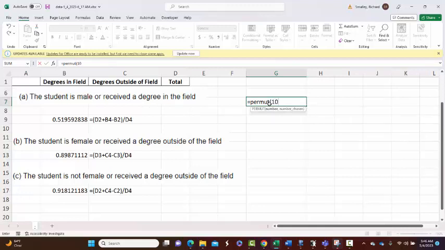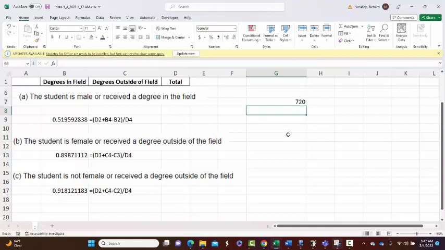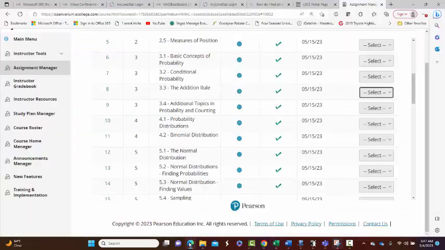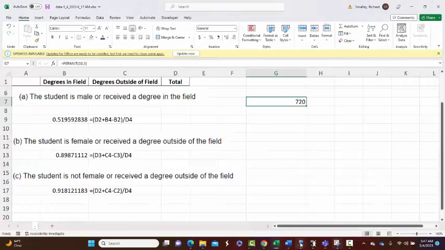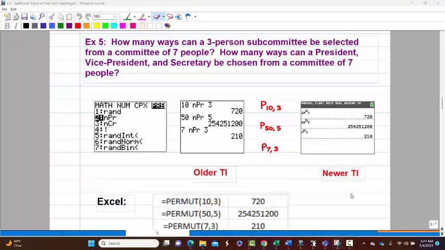You put the larger number first. Of course, they could both be the same number, but it's never a smaller number than a larger number. PERMUT 10, 3, there it is, 720. I think either of those are fine, and either works well without too much problem.